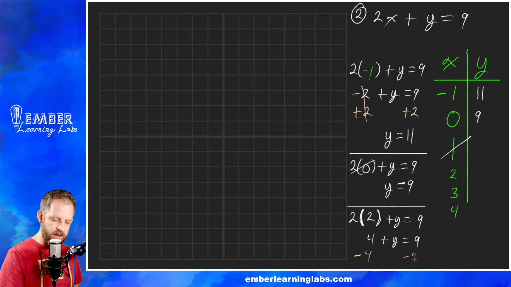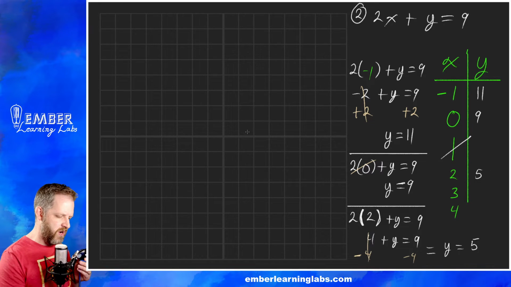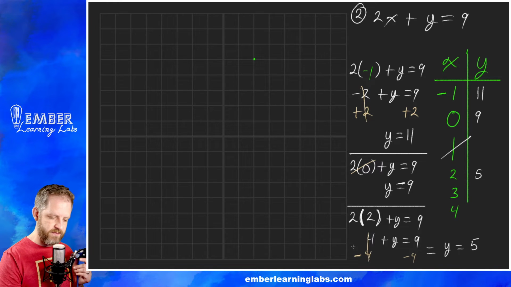Those cancel, leaving us with y equals 5. Now that point we can fit. So let's go ahead and plot that one. I'm going to do it in this nice vibrant green. Over 2, up 1, 2, 3, 4, 5. So there we go. There's our first point.